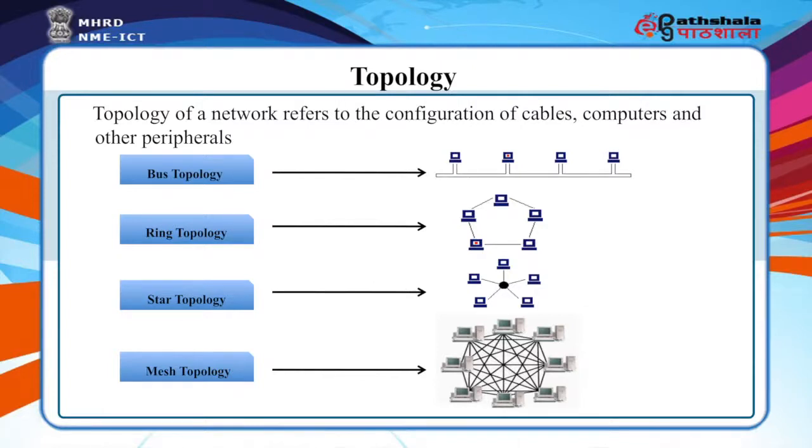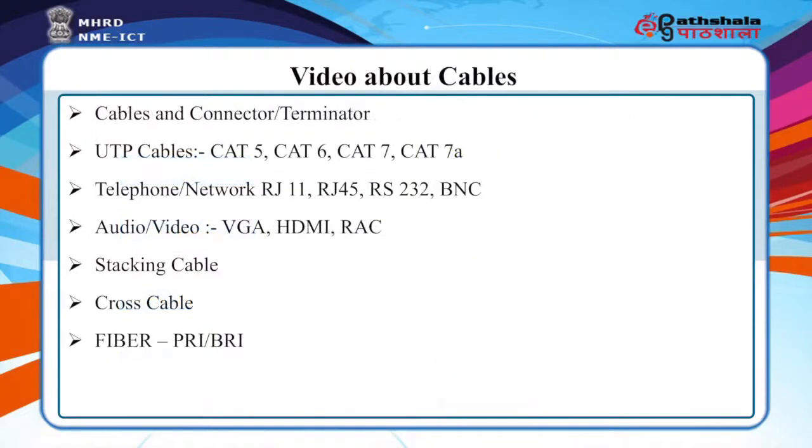Now, what are the cables used for connecting the computers? Since we defined the topology, now the computers have to be physically connected. And how do we connect? Generally, the easiest method is to connect by using a cable. But the difficulty is that we cannot connect 2 computers directly with a single cable.